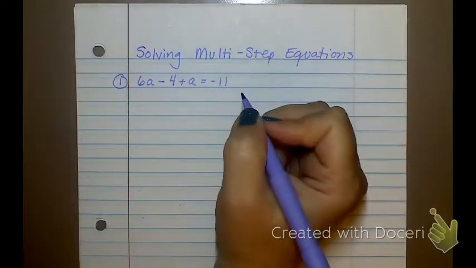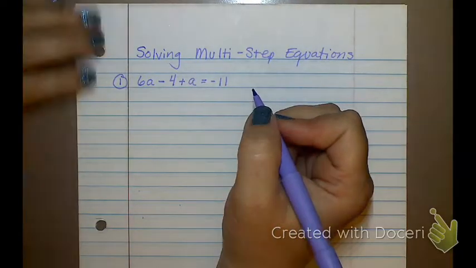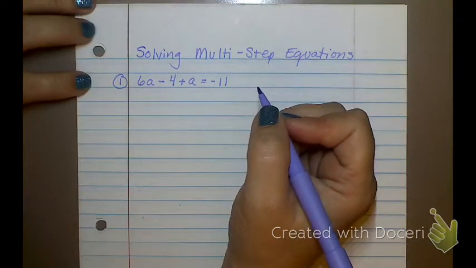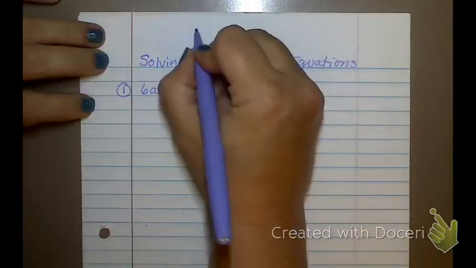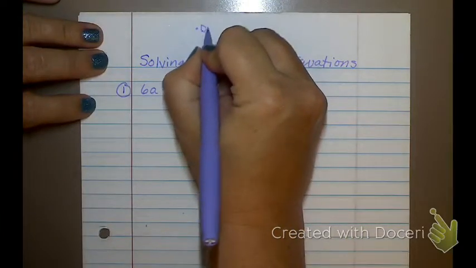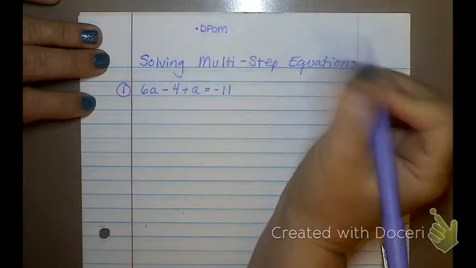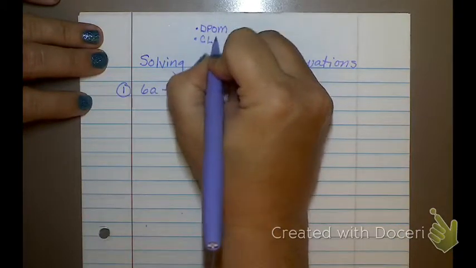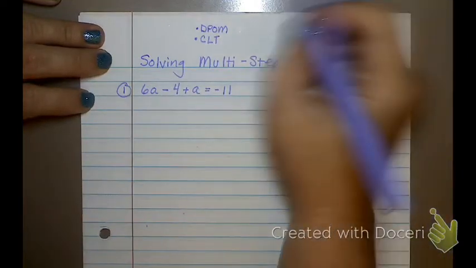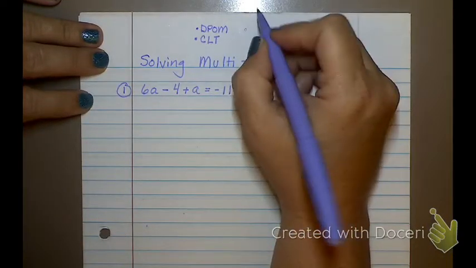Okay, so that's my first example, but at the top what I'm going to start off doing is just listing our little abbreviations of our properties, right? We have the distributive property of multiplication, yes. We have combine like terms, and then we have our 4 properties of equality, right?